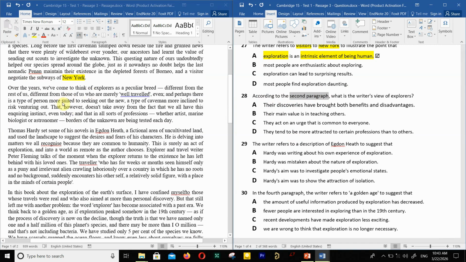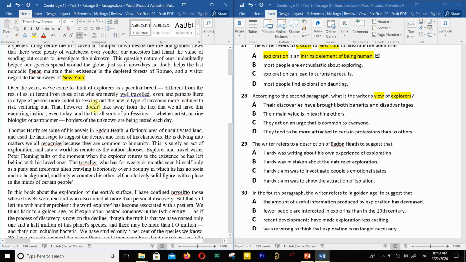So here, this is it. What is the writer's view of explorers? Over the years, we've come to think of explorers as a peculiar breed, different from the rest of us, different from those of us who are merely well-traveled.